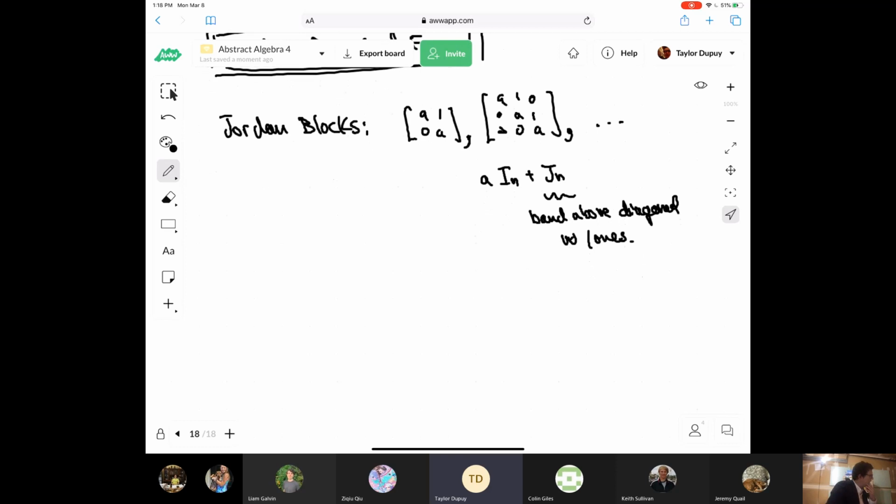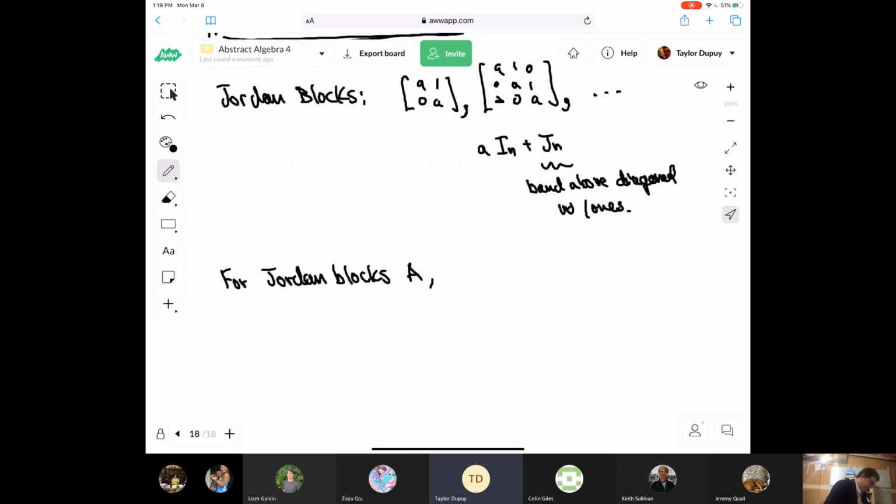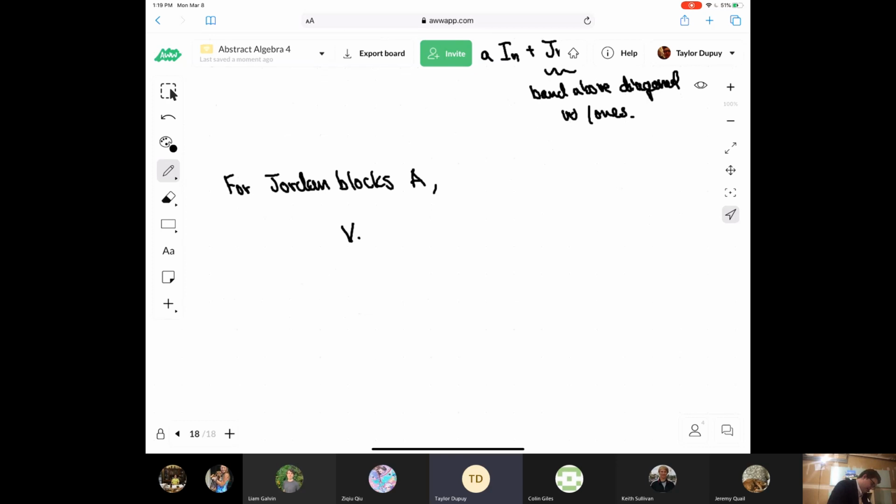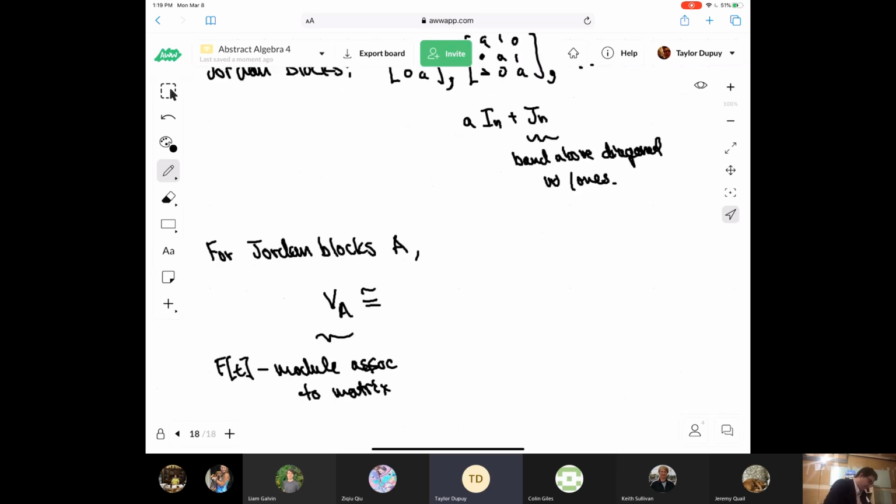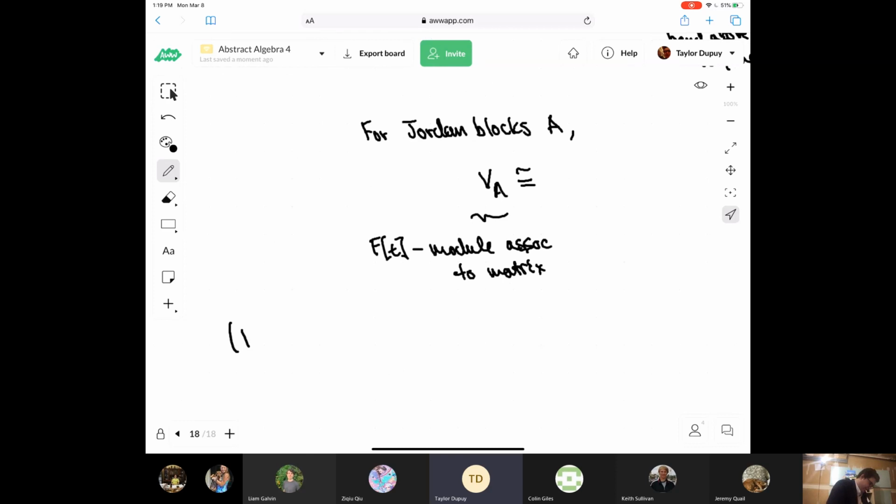Okay, and then we said that for Jordan blocks A, we had that V of A, the module associated to the matrix, was isomorphic to F[T], this polynomial ring, where F is any field.